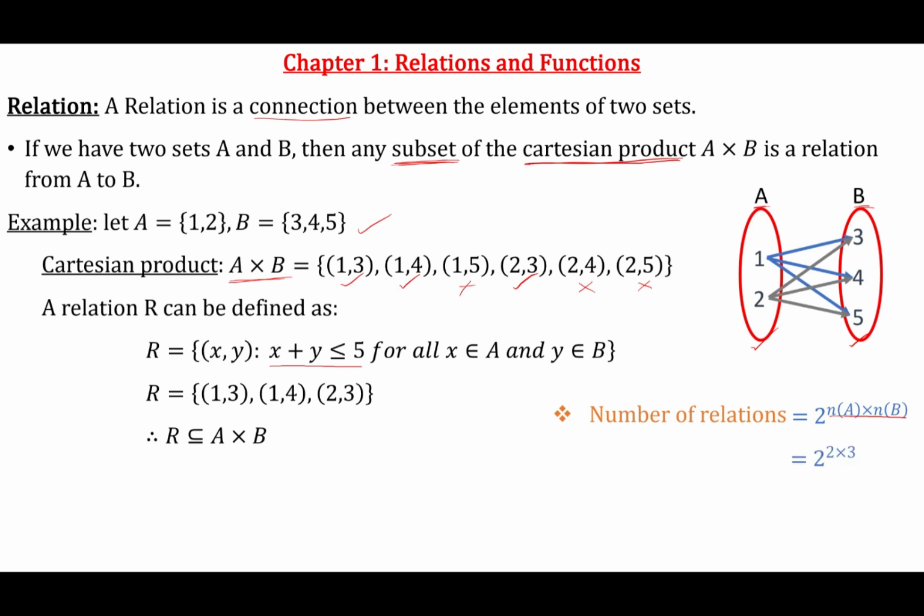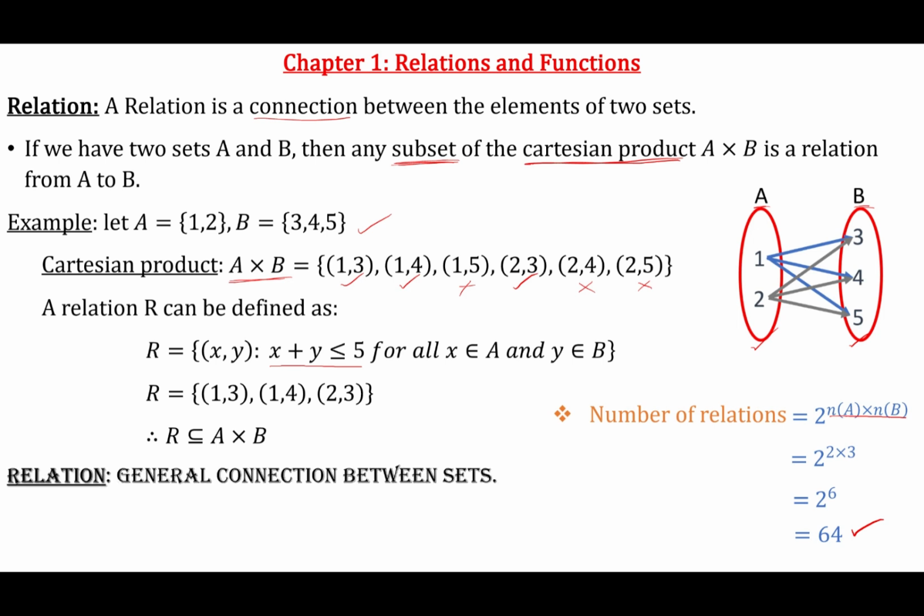So I write 2 to the power of 2 times 3, which is 2 to the power of 6, which means 64. So we can make 64 relations based on these two sets. The conclusion is that a relation is a general connection between two sets. That's all.